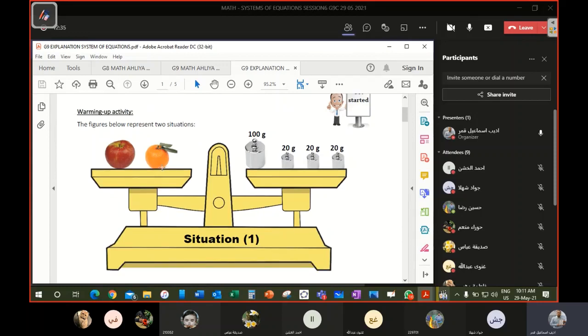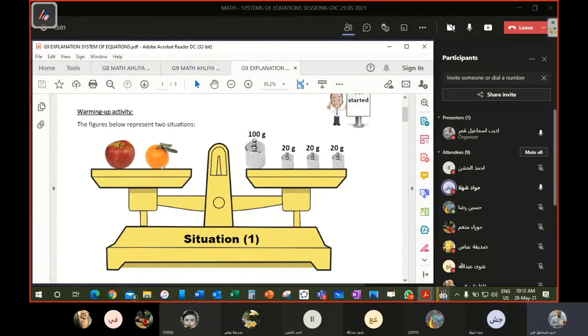Okay, situation 1. What do we have in this document? Apple and orange. Apple, orange, on the other pan of the balance. What are we calculating for the apple and the orange?